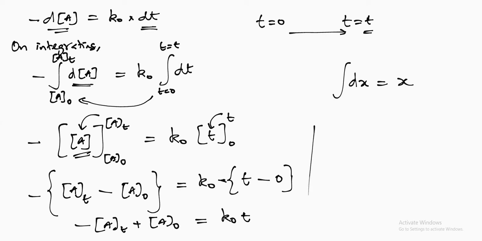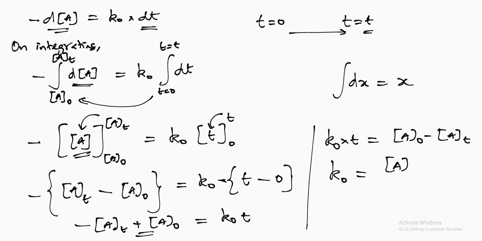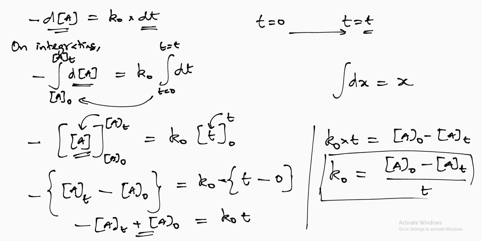Or I can also write this as K naught into T equal to A naught minus AT. I wrote the positive term first, then the negative term in the second position. Then what is K naught? The rate constant for a zero order reaction equals the initial concentration of the reactant minus the concentration of the reactant at a time t, divided by T. Students, take down this.